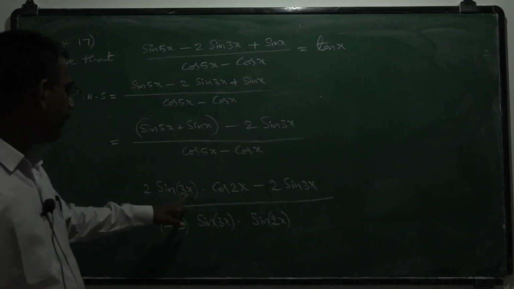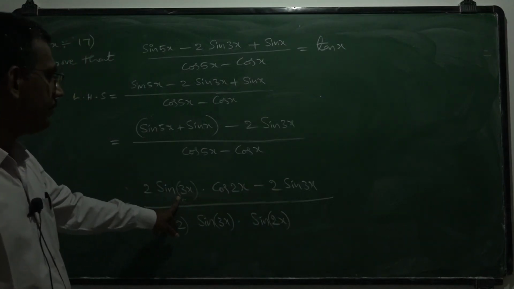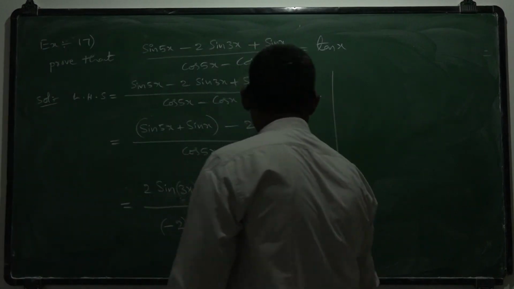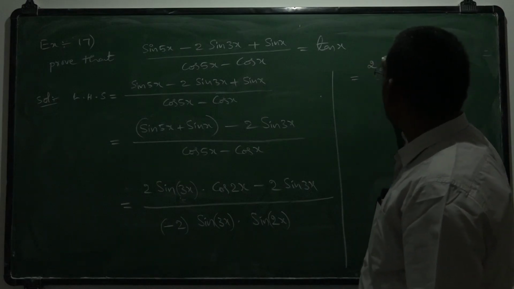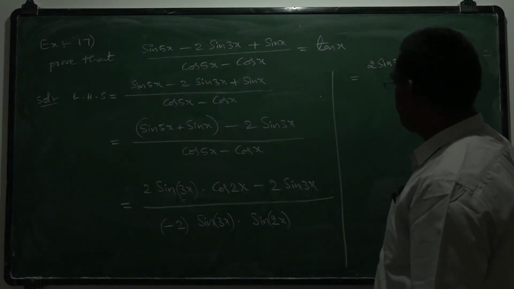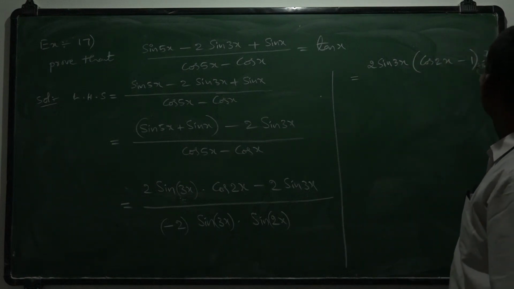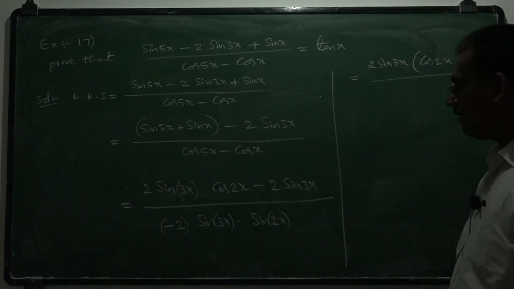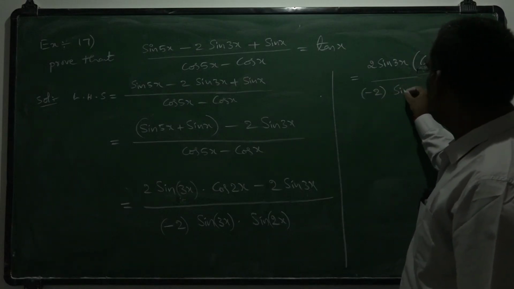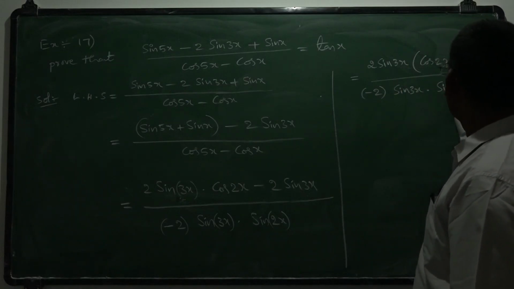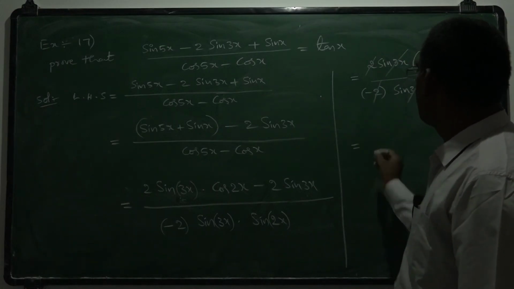Taking 2 sin 3x common in the numerator, that is equal to 2 sin 3x of cos 2x minus 1, divided by, in the denominator, minus 2 into sin 3x into sin 2x. 2 gets cancelled, sin 3x cancels.